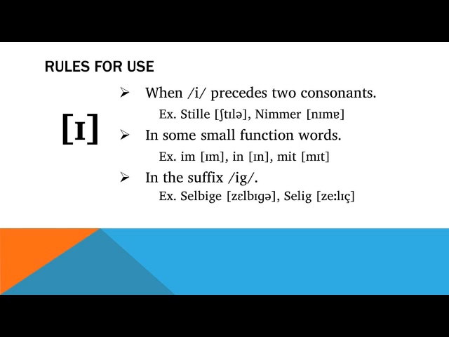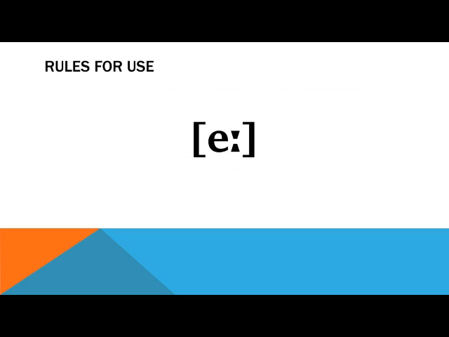And you'll see these words many times. Just commit these words to memory. They don't follow the single consonant rule. It's best to memorize them and just know. And then the suffix ig, selbige, selig, this written ig at the end of a word creates the I sound. And our next sound is the closed E.